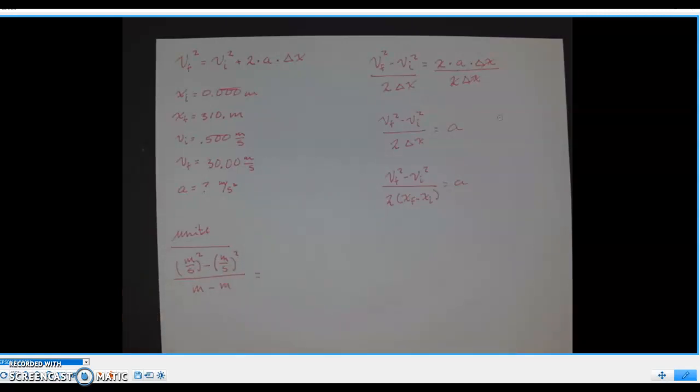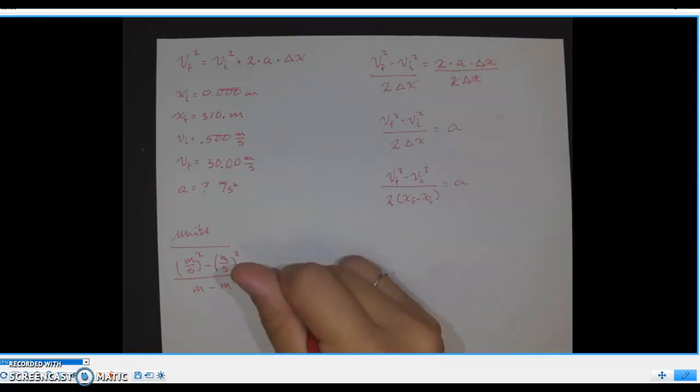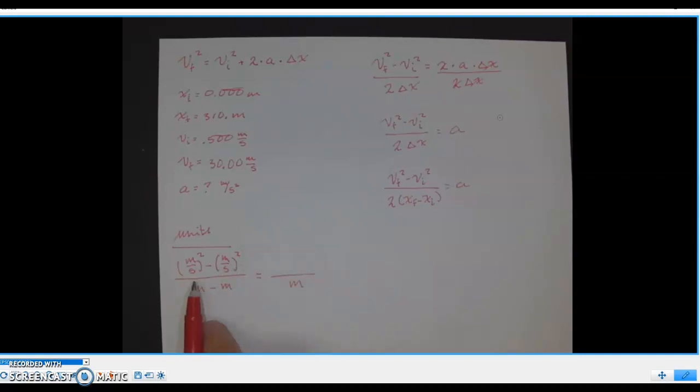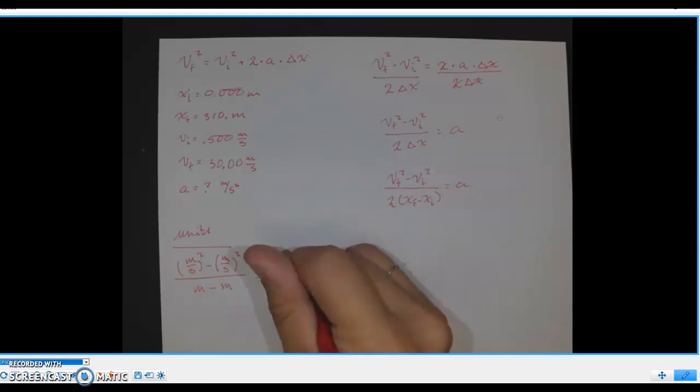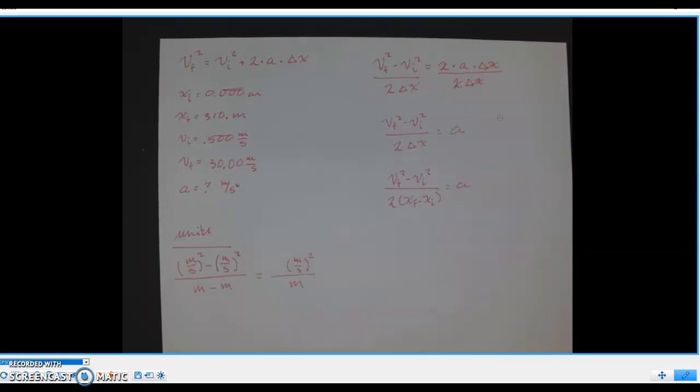Reminder, if units are added or subtracted, we just end with the final unit. Like meters minus meters just gives us a final unit of meters. Or same here, this velocity squared, we have meters per second squared minus meters per second squared, so we just would end with meters per second squared.